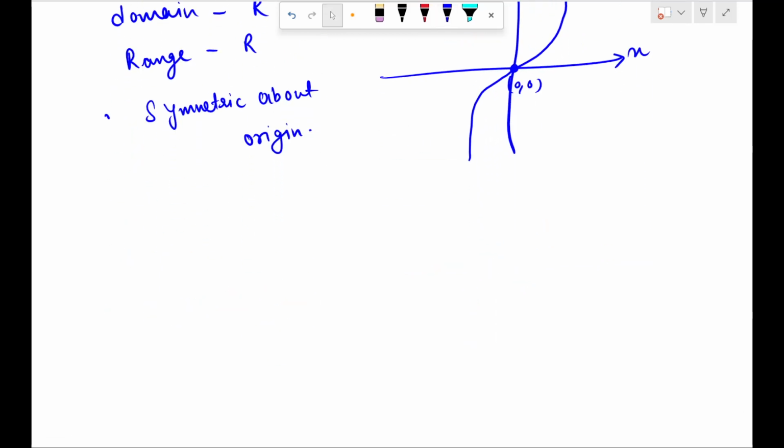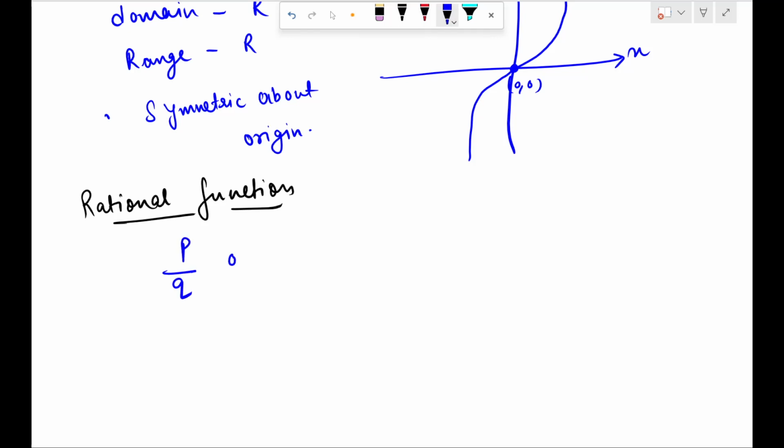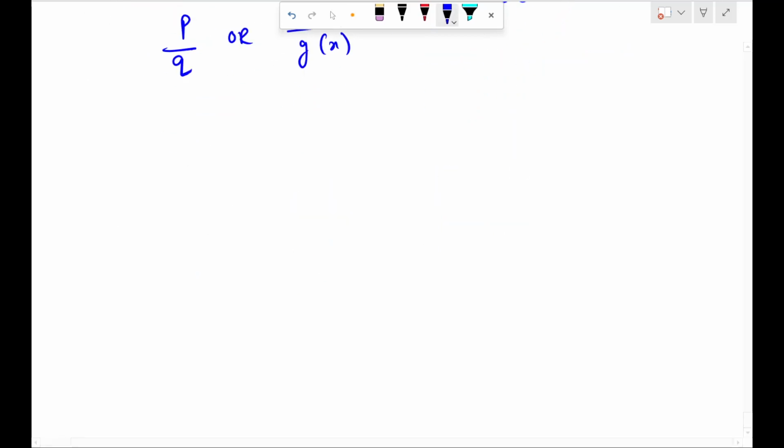Next we have a rational function. So what is a rational function? Any function in the form of p by q, or f of x upon g of x, where g of x is not equal to 0. For example, f of x is equal to 1 by x.